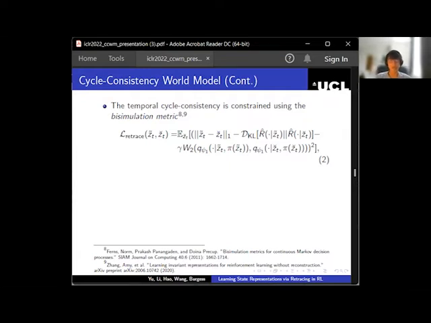It involves an L1 loss between the representation vectors, and it also constrains the similarity between the states on the MDP level. The states are similar if, in addition, their respective predicted reward and transition distributions are also close to each other. So there is also a varying level of bisimulation metrics.